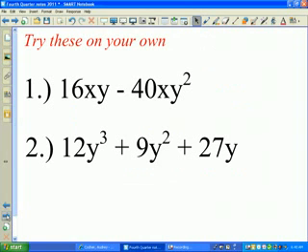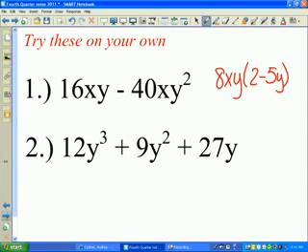So I would give these two a try if you want extra practice, but if you got it, fabulous. If you want to do it and just check your answers. For the first one, I had 8xy times 2 minus 5y as a solution.